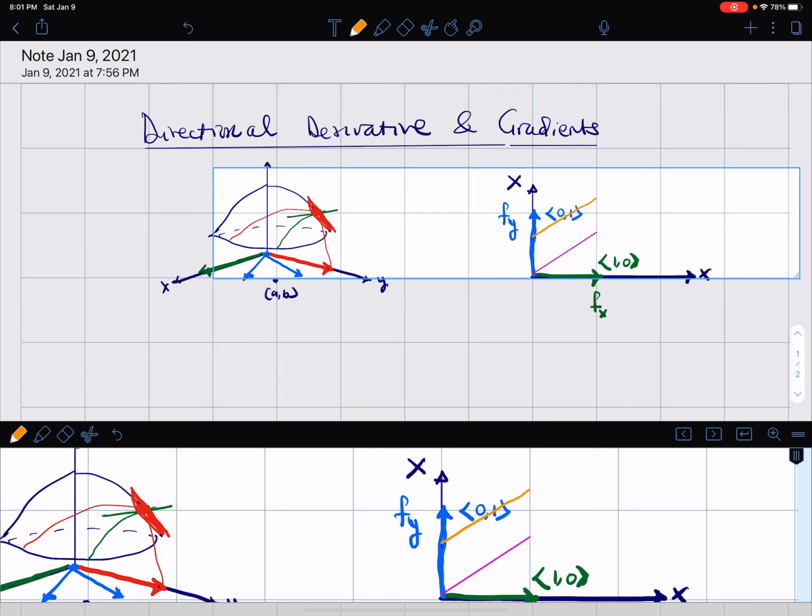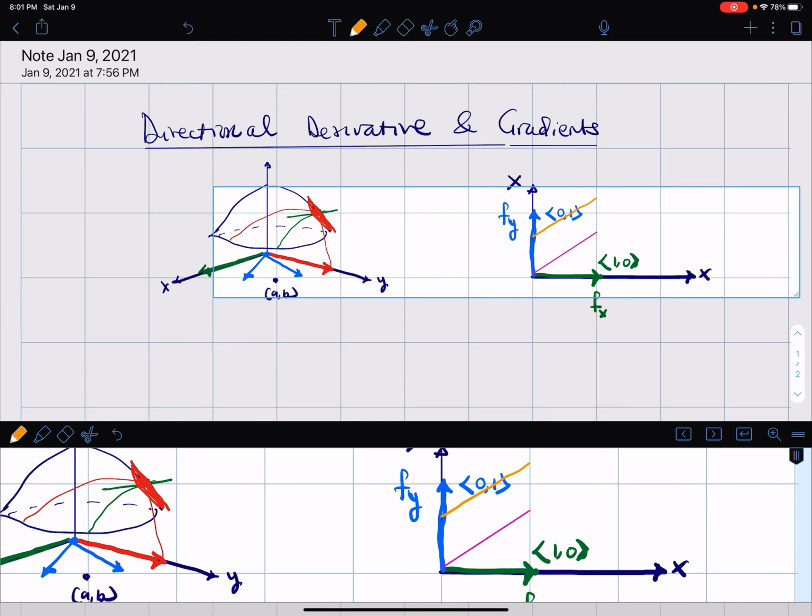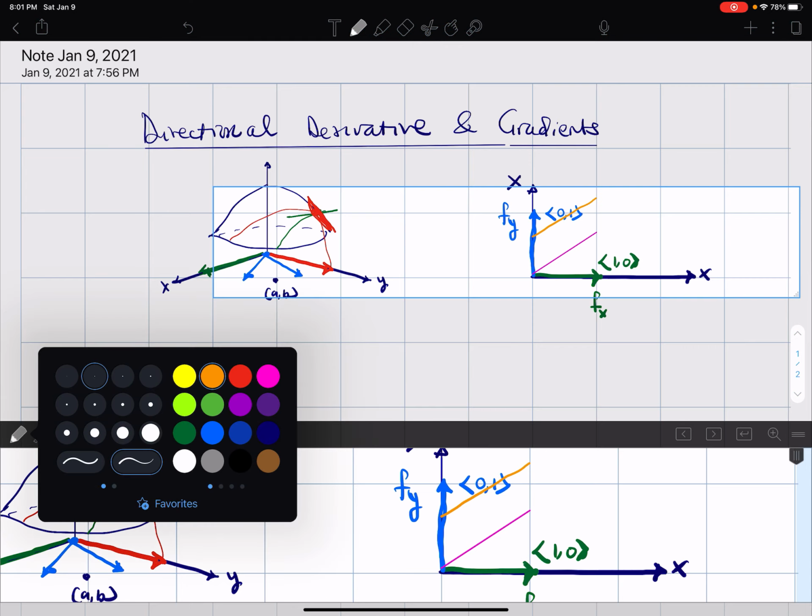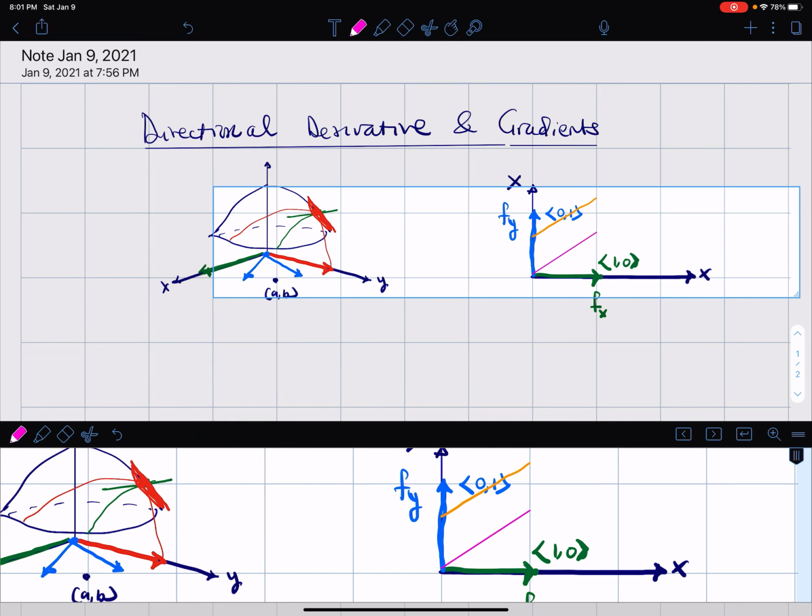Let's make it that. But let's focus on the pink one, the pink vector. Or you know what? Maybe we shouldn't. Let us see. Okay, I know what to do.